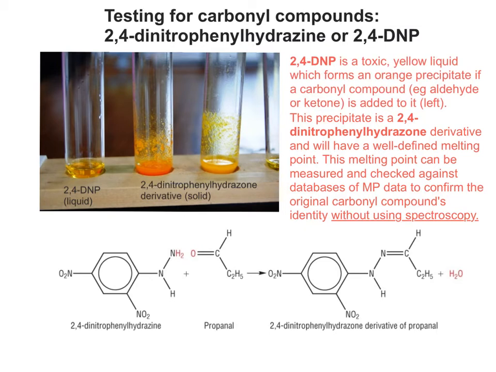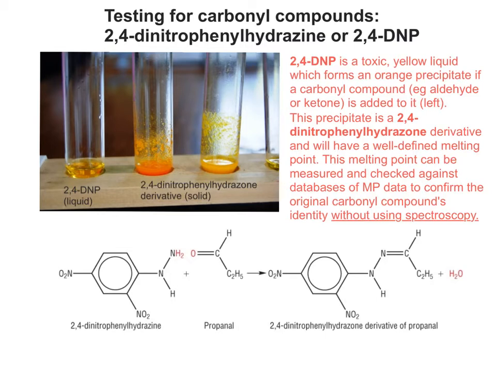The precipitate, known as a 2,4-dinitrophenylhydrazone derivative, will have a very sharply defined melting point. Obviously the melting point can be measured in the laboratory quite easily using melting point determination apparatus. Once its melting point has been determined, that can be checked against databases of melting point data to confirm the original carbonyl compound's identity.